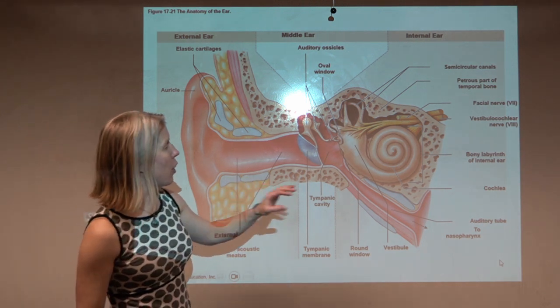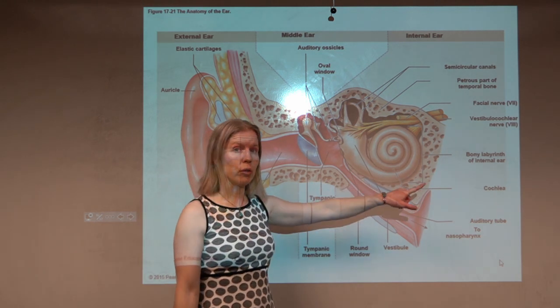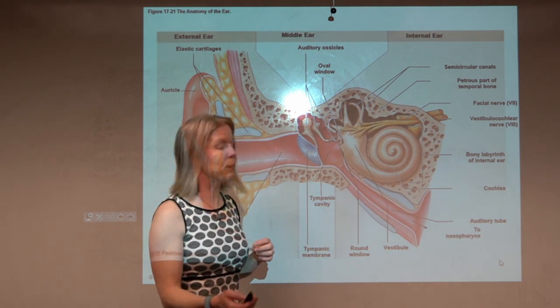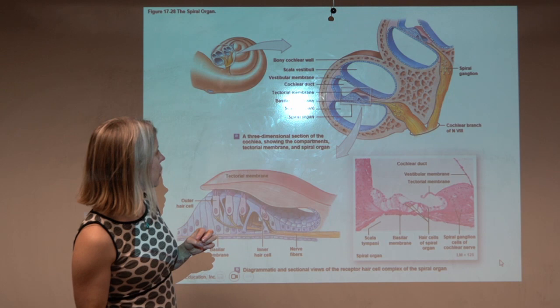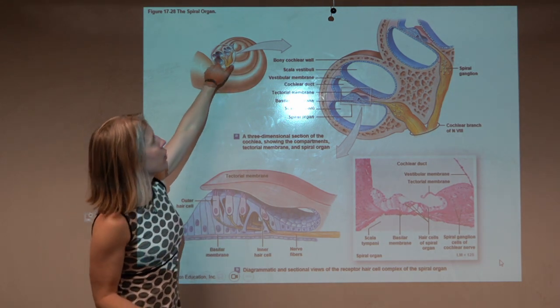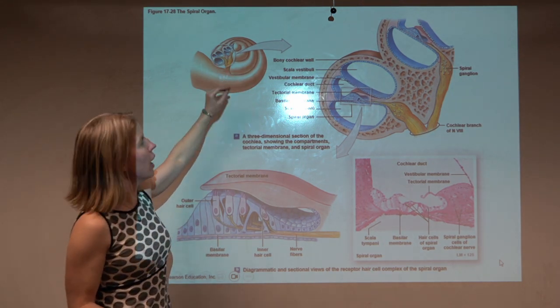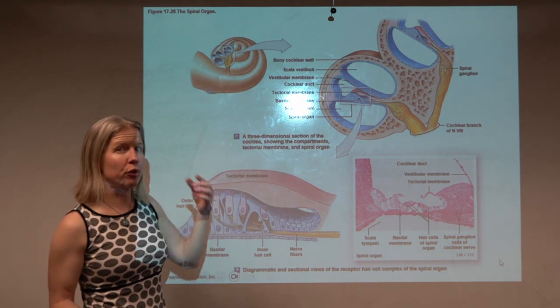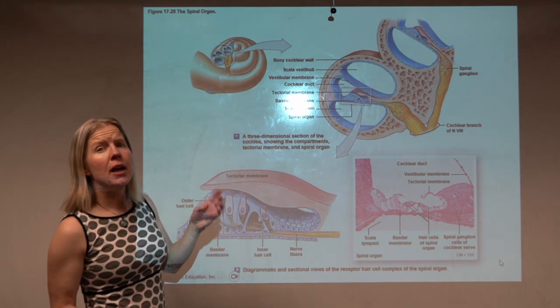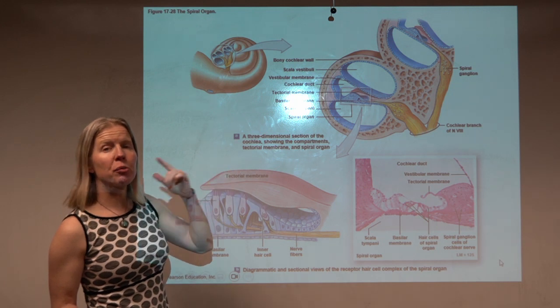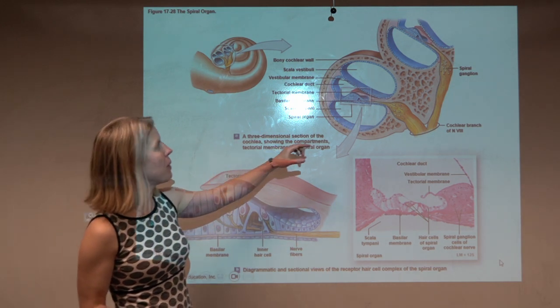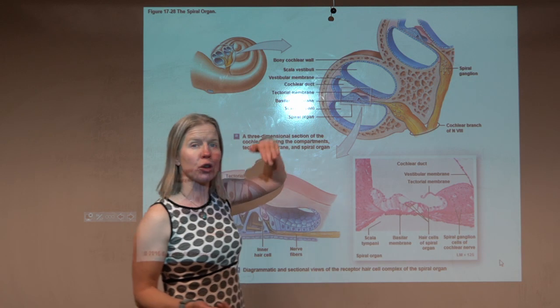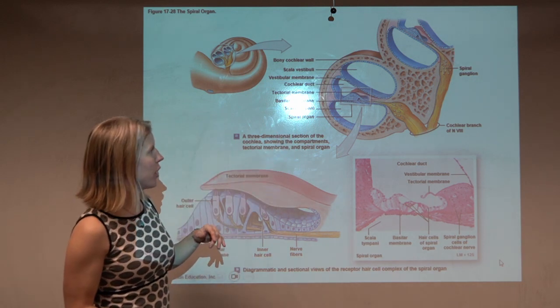is our receptors, our hair cells, are back here in the cochlea. Let's see if we get a good picture here, right? So here's our cross-section of the cochlea, and we'll see that we have these membranous channels. These are going to be filled with fluid. And basically the vibrations from sound that hit your tympanic membrane are going to push fluid through these channels.